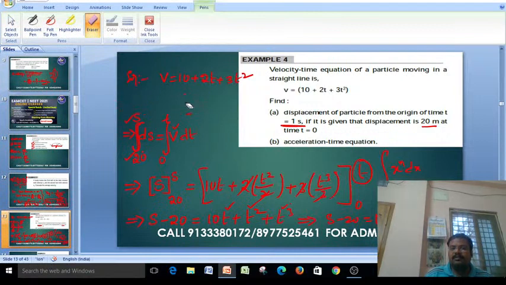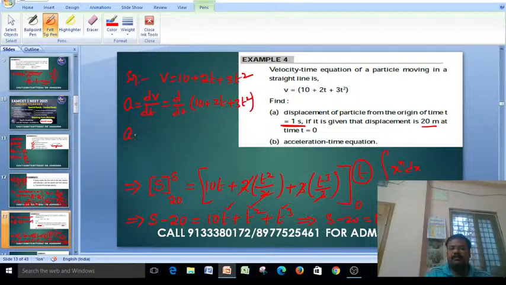So question B I am trying to solve. To get the acceleration from the given equation of velocity v, acceleration a is equal to the rate of change of velocity, d by dt of the entire equation 10 plus 2t plus 3t².